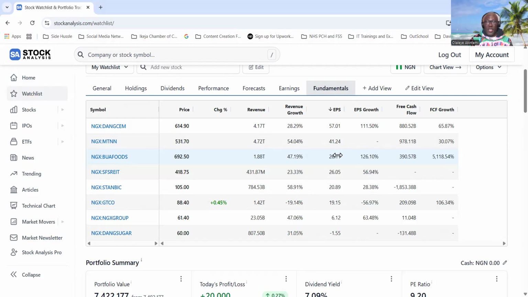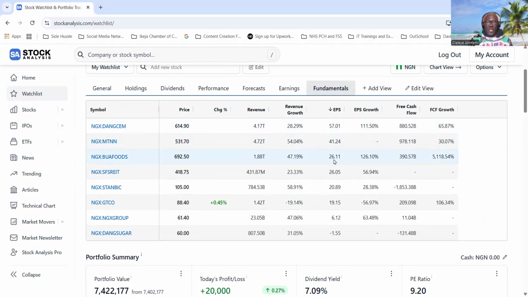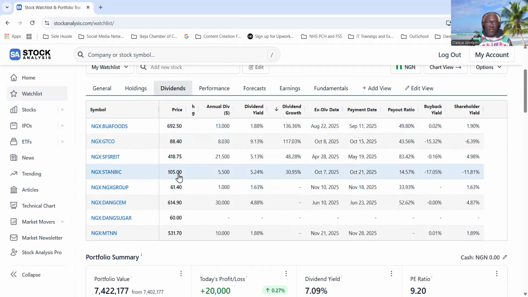Okay, let's do another quick experiment. So the earnings per share for Boa Food is 26 naira 11 kobo. Let's see what dividend Boa Food paid. So you click on dividend and we look for Boa Food. Okay, so Boa Food paid 13 naira per share, and its earnings per share is 26 naira 11 kobo, which means it paid half of its earnings per share as dividend, because 13 naira is just about half of 26.